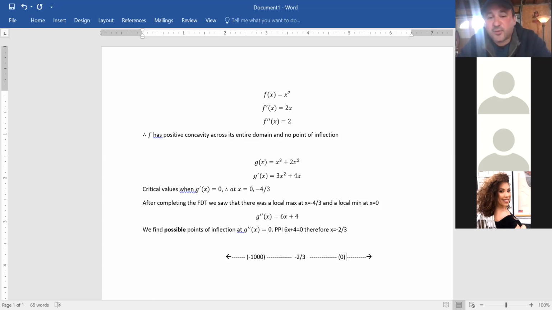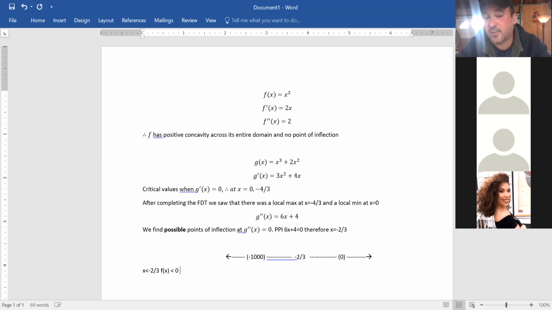And so when I plug those numbers into the second derivative, so just like the first derivative, you plug it into the one that gave you those values out. So when I plug this number in, negative 1,000, I get negative 6,000 plus 4, so that's going to be a negative number. So when x is less than negative 2/3, our f double prime of x's are less than 0.